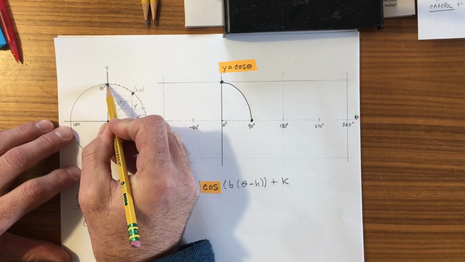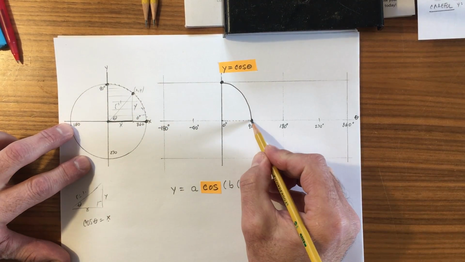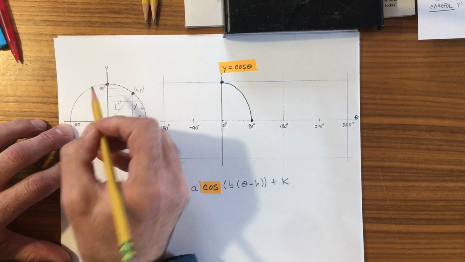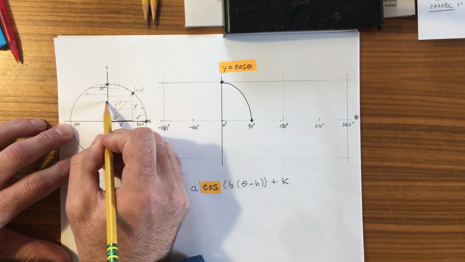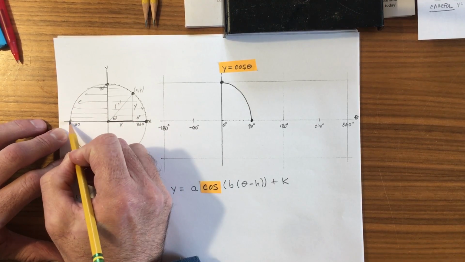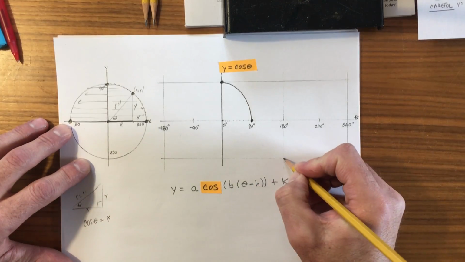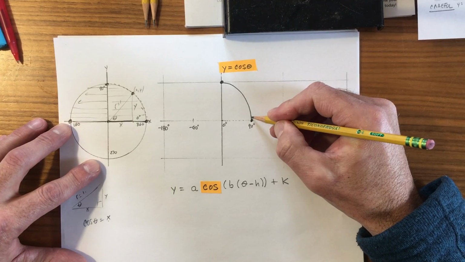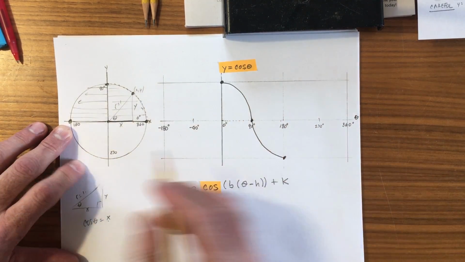Now, as we go from 90 to 180 degrees here, all these x values get negative more and more until you reach that point, and the x value is -1. And so it looks like this.